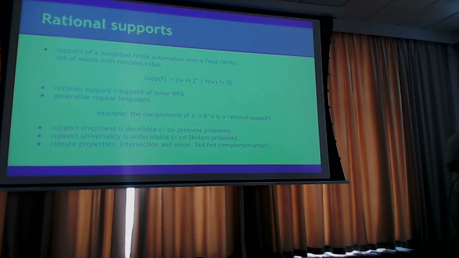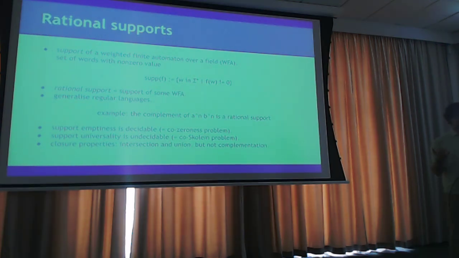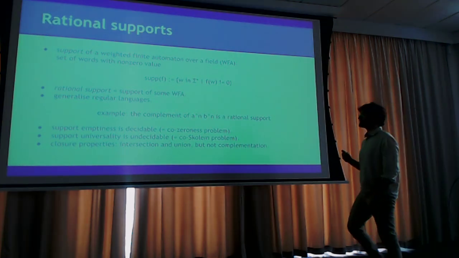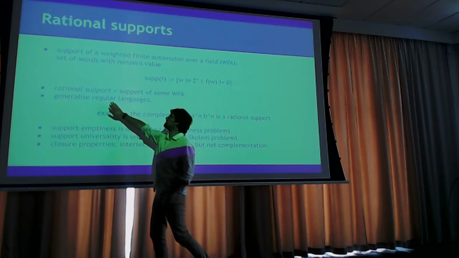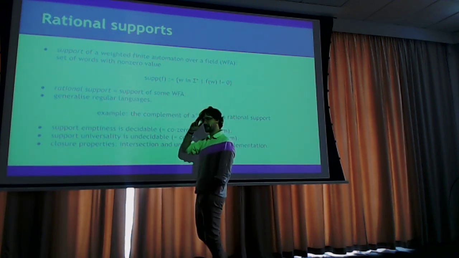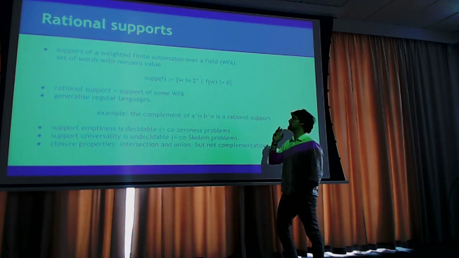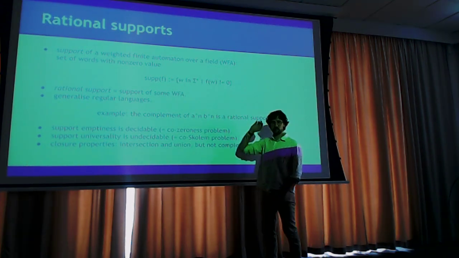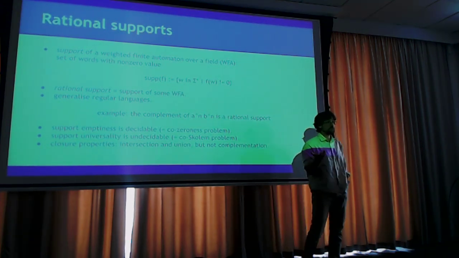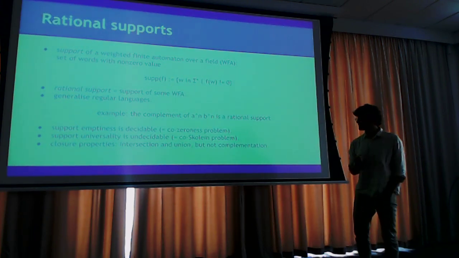The set of languages which are supports of some weighted finite automaton is called the set of rational supports. This is a nice bridge between the quantitative world of weighted automata and the qualitative world of languages.